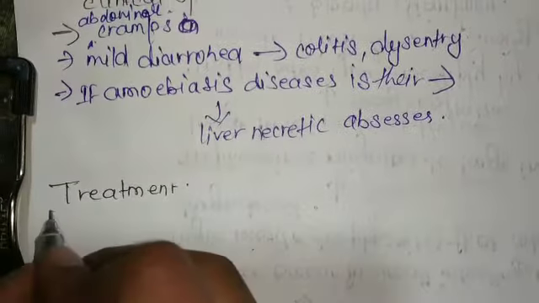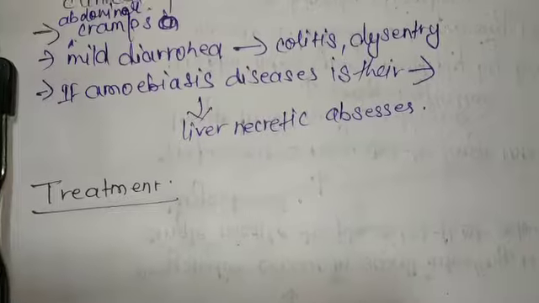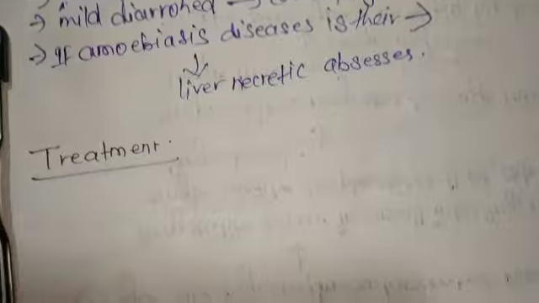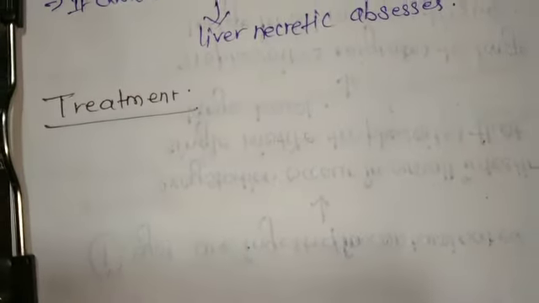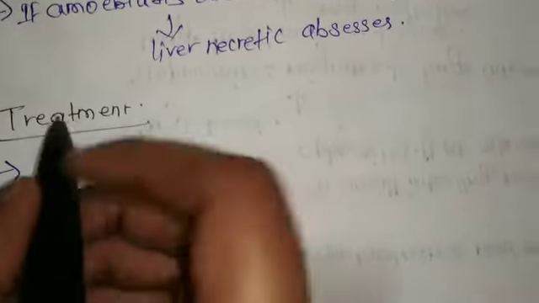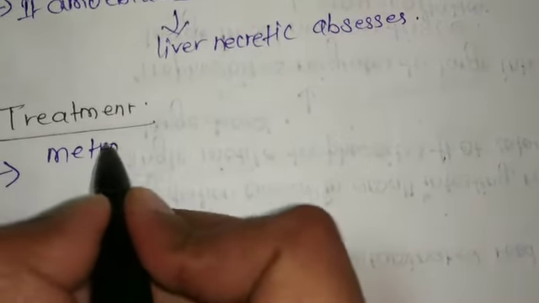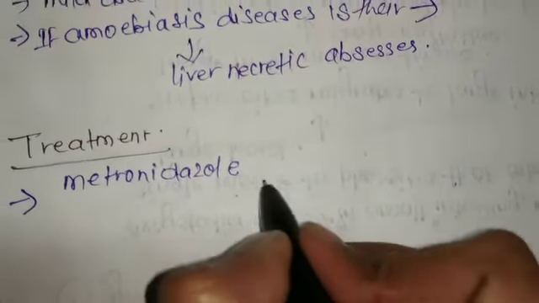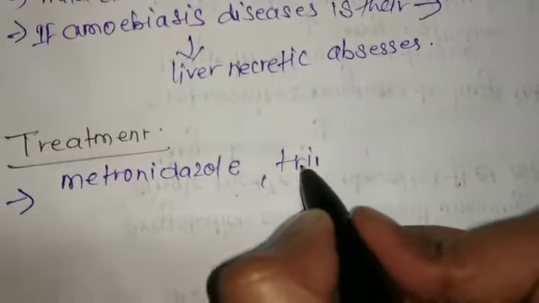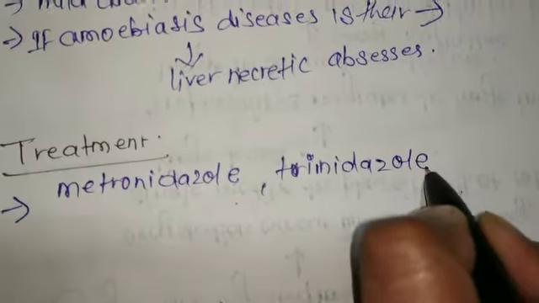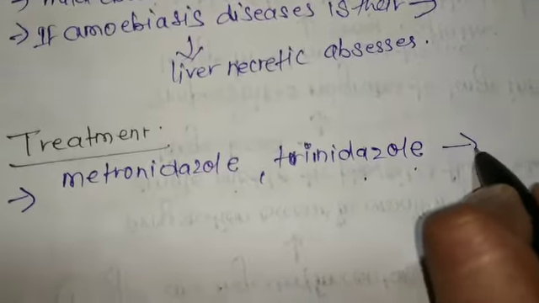Here there are many different kinds of treatment, also on the basis of time duration. If someone has amoebiasis, frequently there are some medicines, like metronidazole or tinidazole, used to treat amoebiasis.